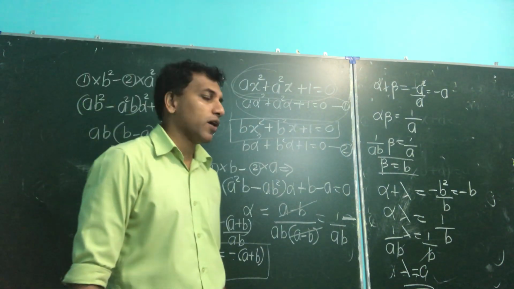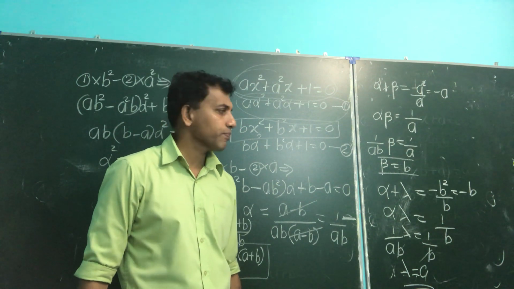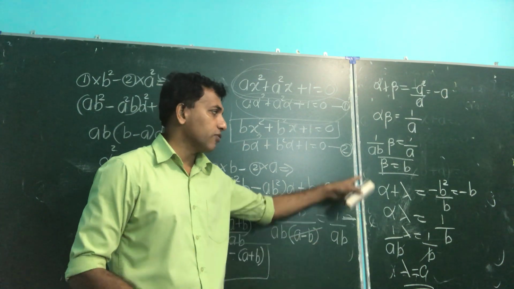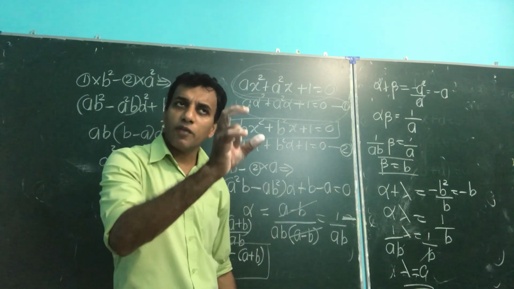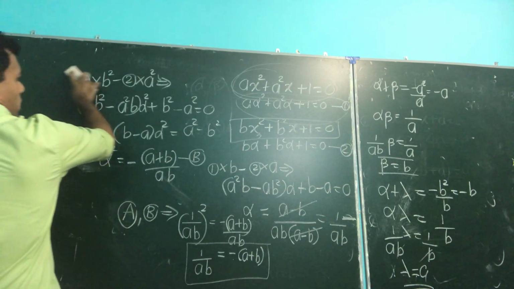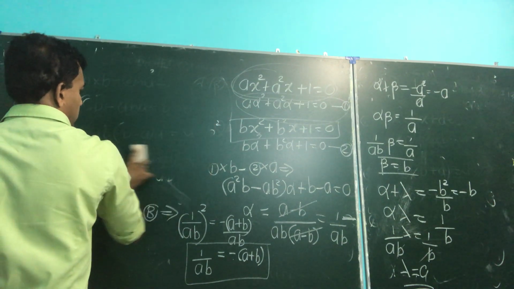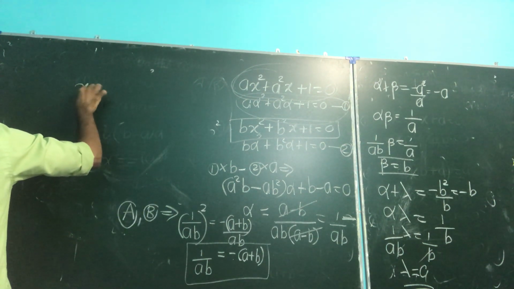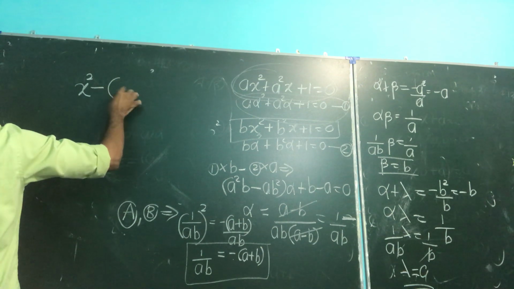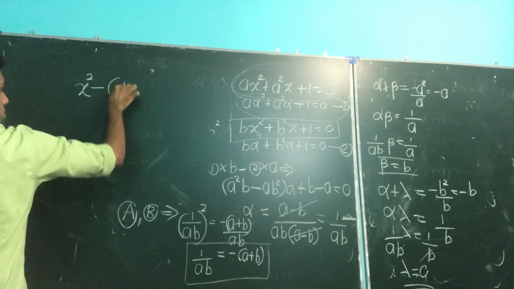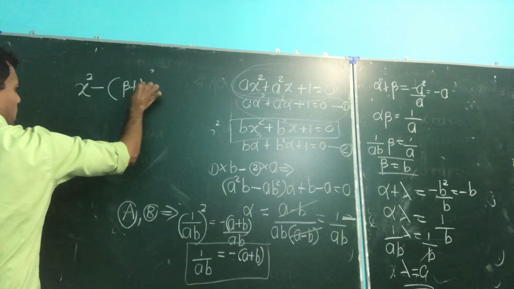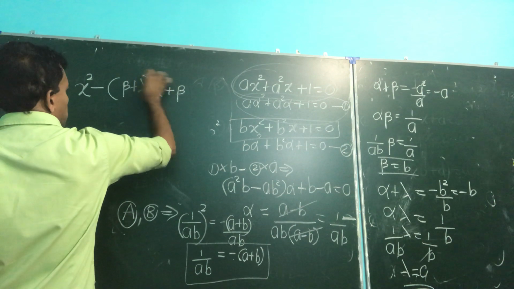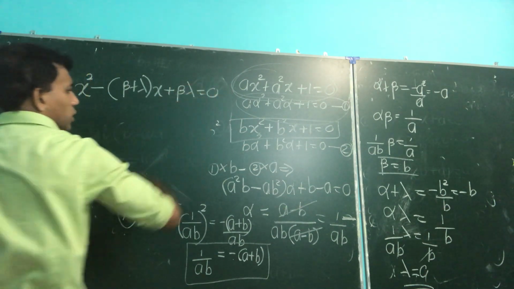Very useful. Advanced question, the future exam problem. These are lambda equal to A, beta equal to B. So if you know the alpha, beta value, lambda value, therefore write the equation. Therefore required equation is x square minus sum of the root, beta plus lambda, into x, and product of the root, beta into lambda, equal to 0.